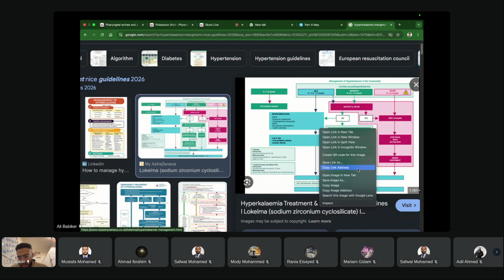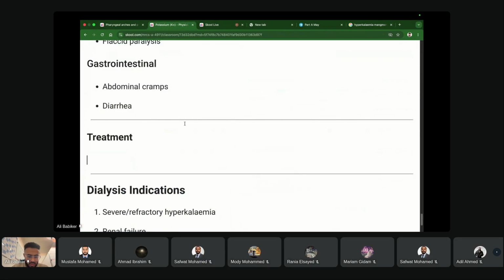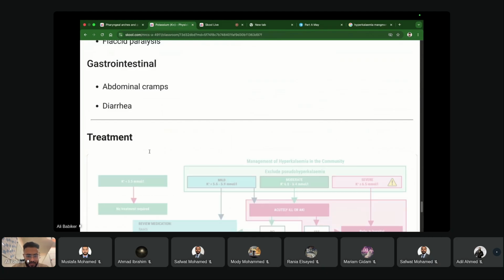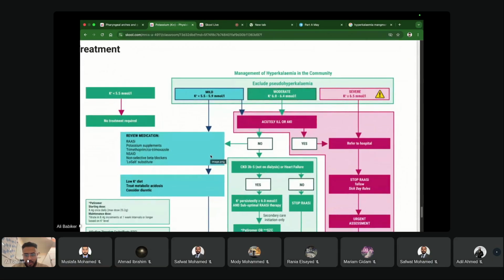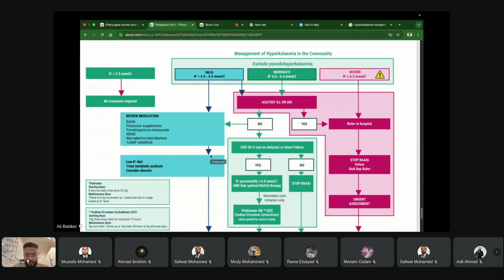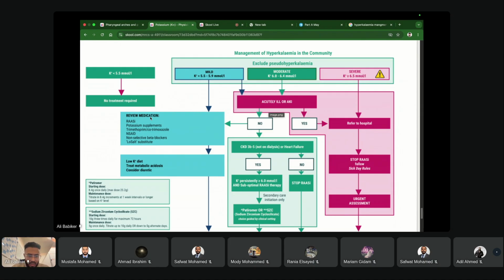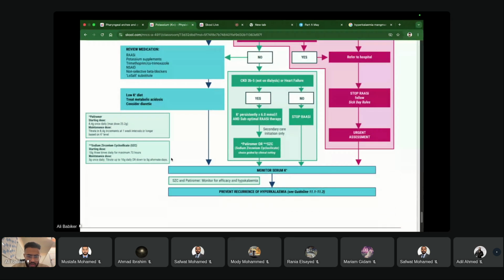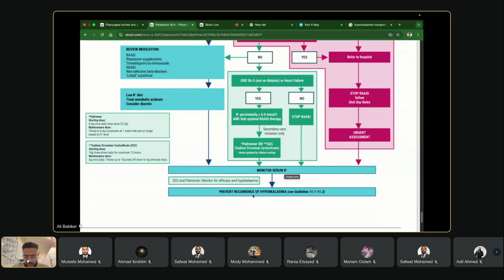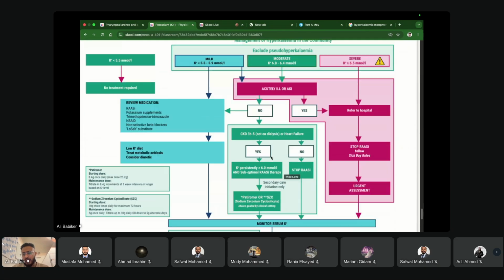Yeah, this is accurate. Okay, let's take it here. Acute, mild: potassium supplement, low diet. Monitor potassium, prevent recurrence. Yes, this is accurate.